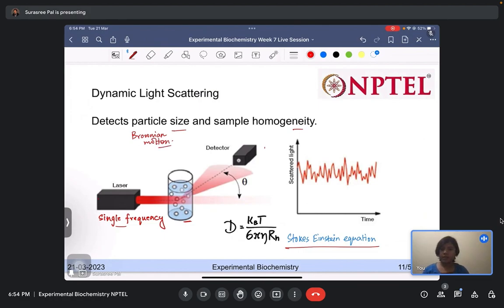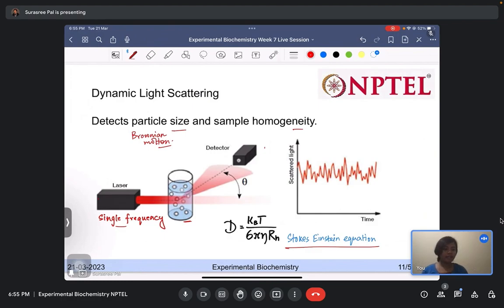Since the particles are in Brownian motion, this Brownian motion will also depend on the size of the particles. The larger particles will have less speed and less diffusion, and the smaller particles will have more diffusion. Because of this Brownian motion, the light which is shining upon the sample from the laser will be deflected.